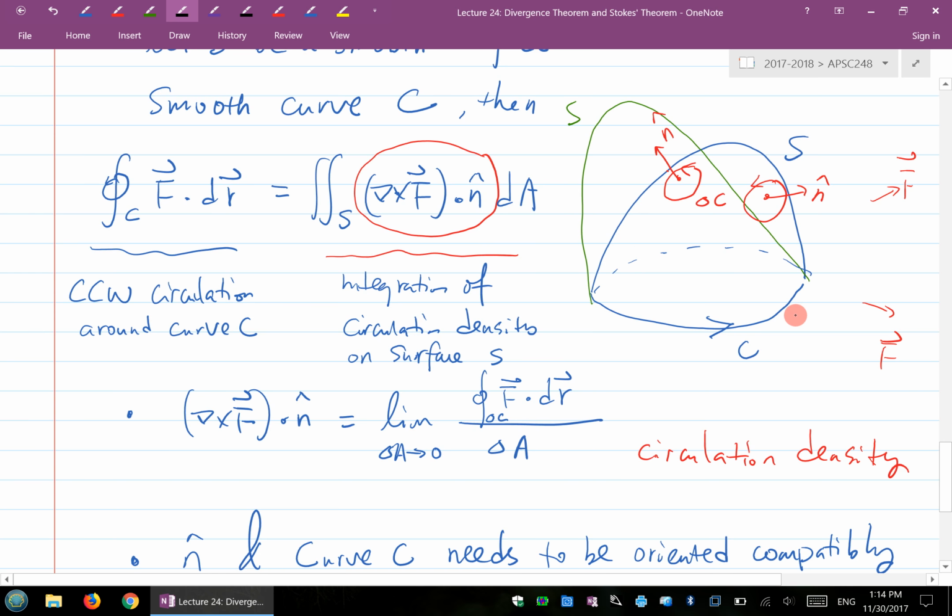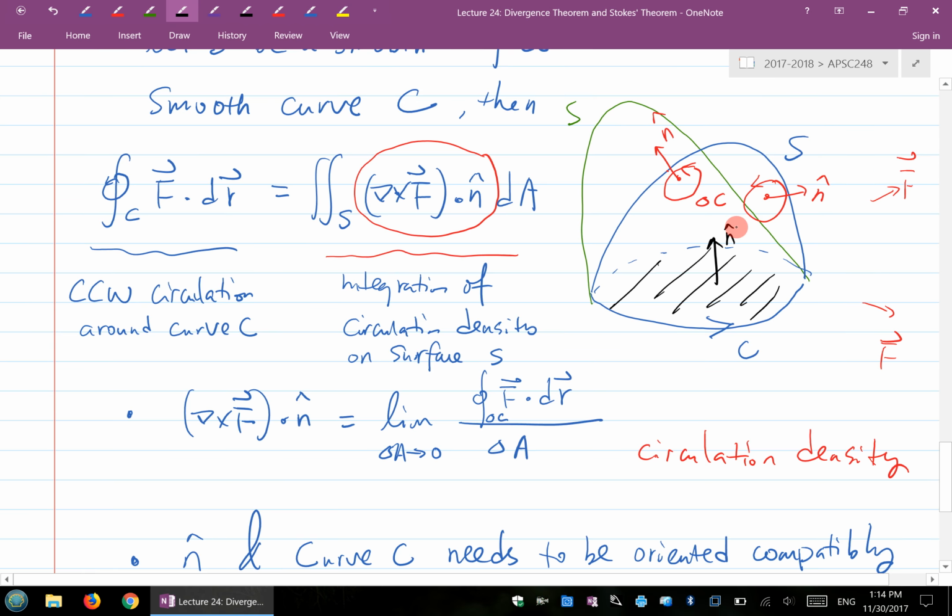This one, the one enclosed by the curve C. Now if you take the black one here and try to find the n hat direction for it, the right hand rule is actually very easy. You do this, and it's basically pointing this way here. Does that make sense?